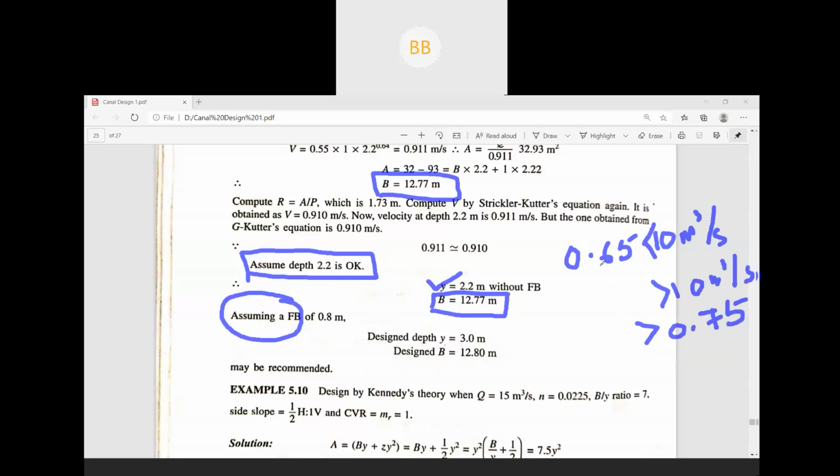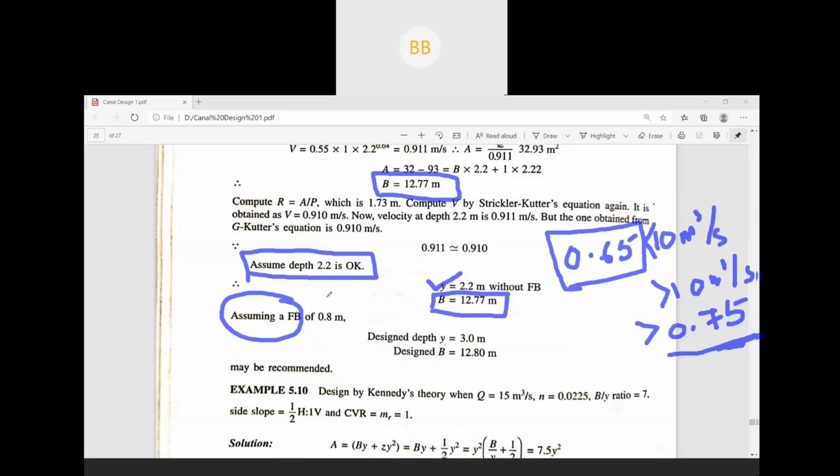What will be the freeboard? If the design discharge is less than 10 meter cube per second, then we are going to provide a freeboard of 0.65. If it is greater than 10 meter cube per second, then we are going to provide any value for freeboard which should be greater than 0.75.